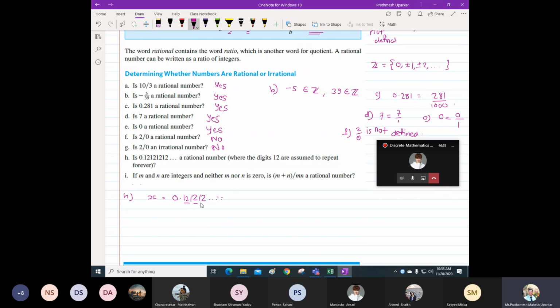Since ये 2 बार रिपीट हुआ, I will multiply this number by 100. Yes, tell me, कैलकुलेटर यूज करो और बताओ मुझे क्या आएगा. 100x का वैल्यू क्या आएगा? If x is equal to 0.12121212 ऐसे रिपीट हो रहा है. What is 100 times x? 12.1212.